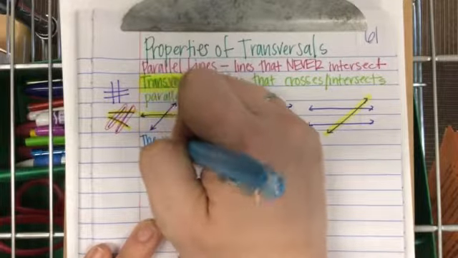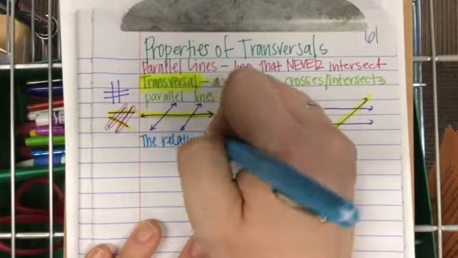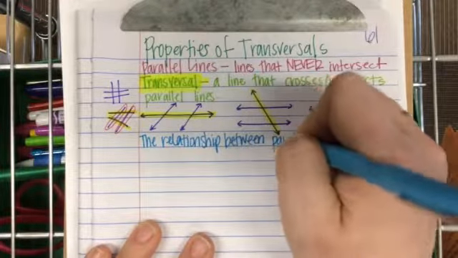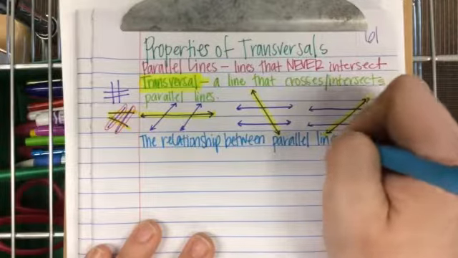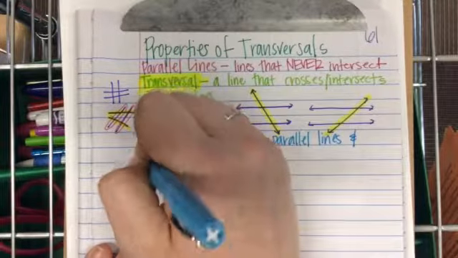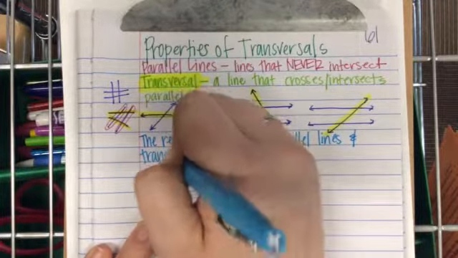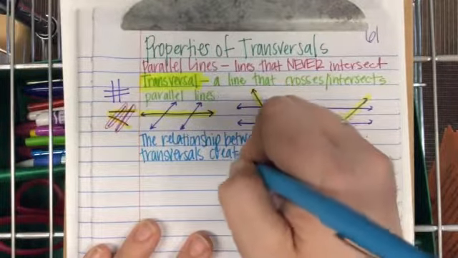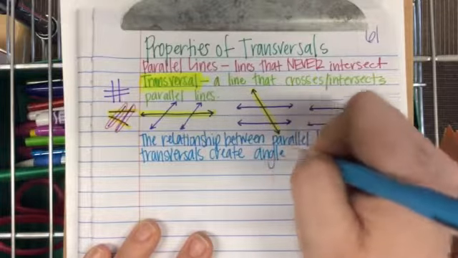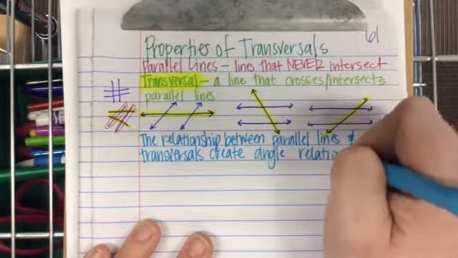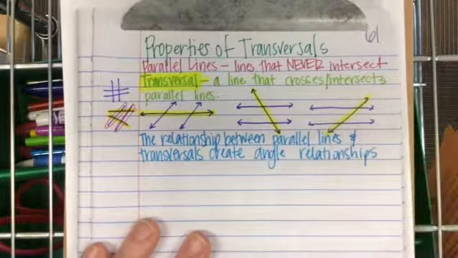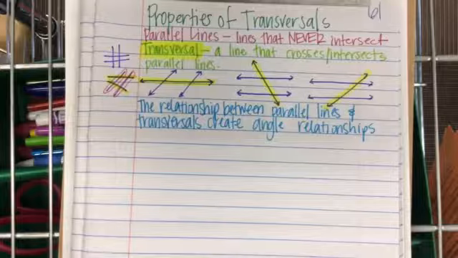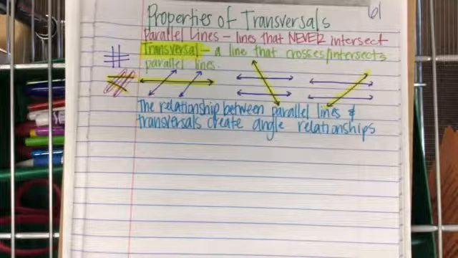The relationship between parallel lines and transversals creates angle relationships. So we're going to learn about 3 vocabulary terms today.